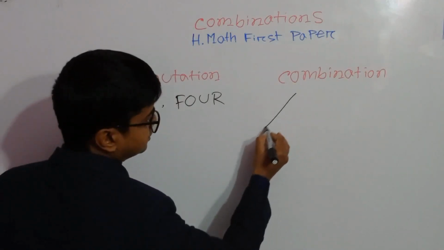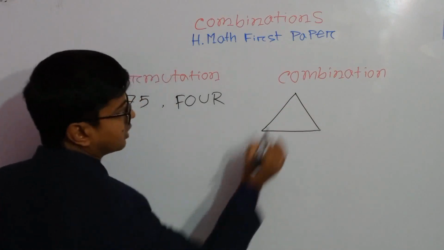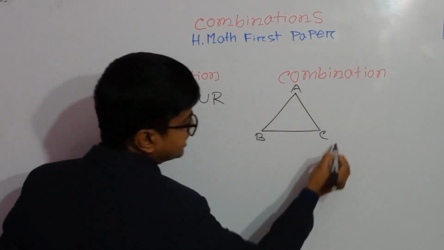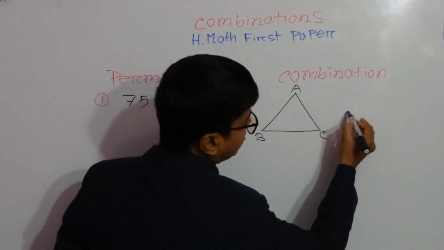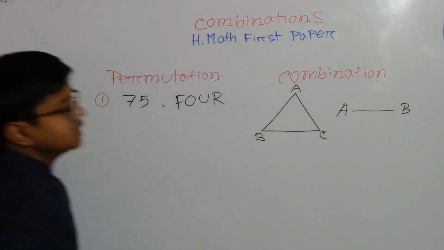Here ABC is one kind of triangle and AB is a straight line.